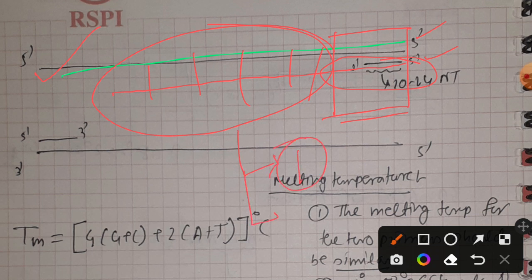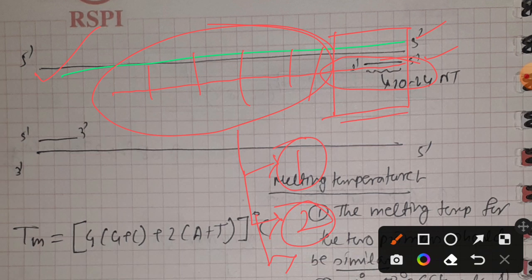Number one, it will not help you match the Tm value. Another important thing is, in the 40 nucleotides there can be a chance of repetition.